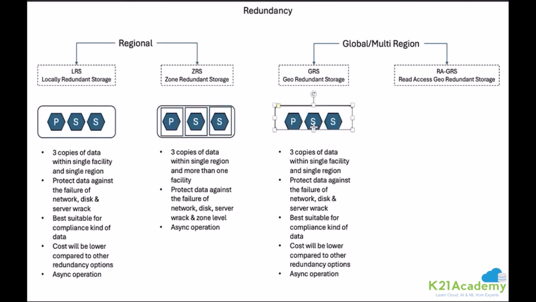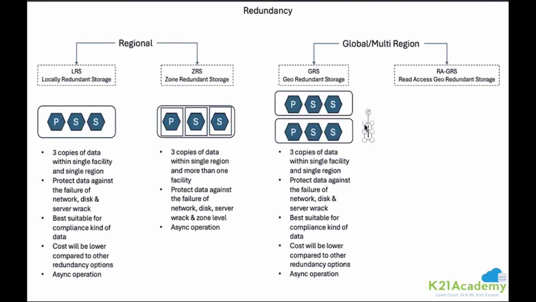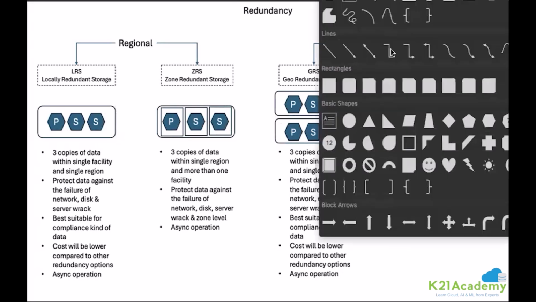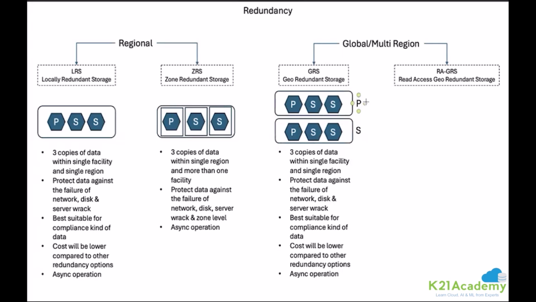So what does GRS look like? Here you will get one primary and another one as secondary. And this data operation between primary and secondary, sorry, my bad, this should be sync.